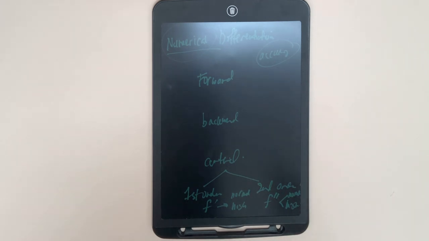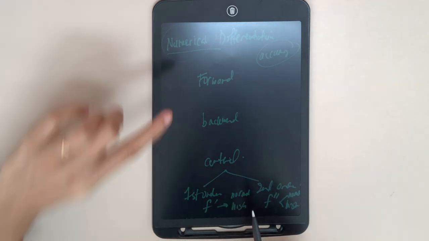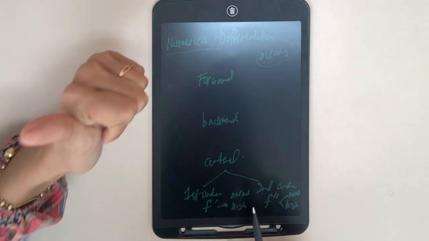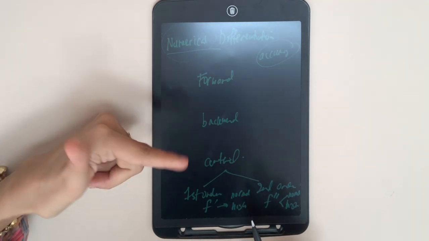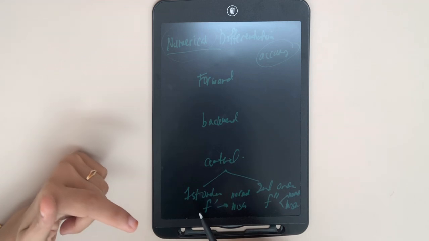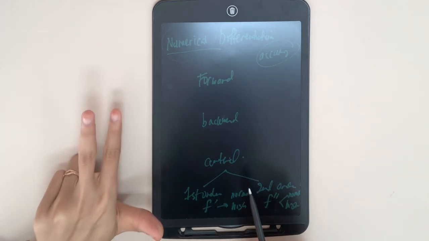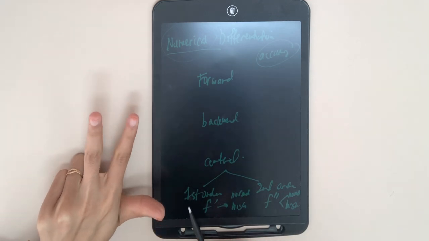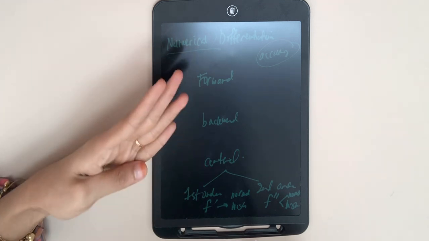So kat sini bermaksud, okay, ayat saya macam ni: the question asks you to find first order normal accuracy forward, itu satu, and then first order normal accuracy backward, 2, and the third one is first order normal accuracy centered. So they have 3, right? And then first order high accuracy forward, so you have 4.